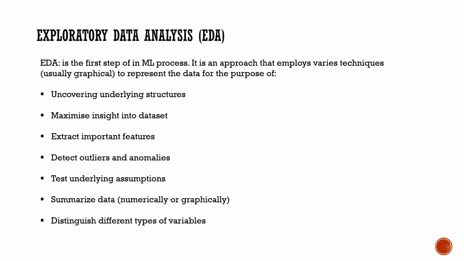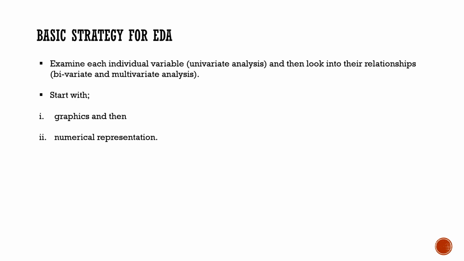Let's look into the strategies. This is not comprehensive, but just a guideline to help you as you proceed with your EDA. When given a data set and you have loaded it inside your notebook, you want to examine each variable to see how the data is presented in that variable.